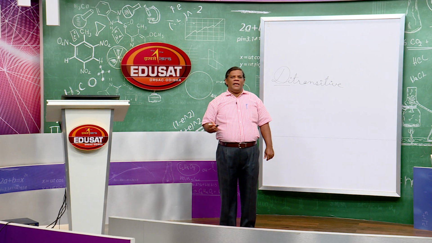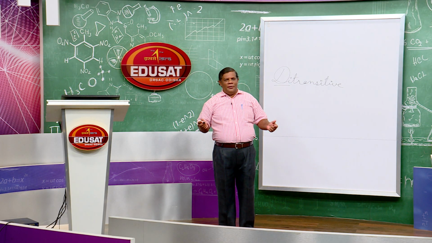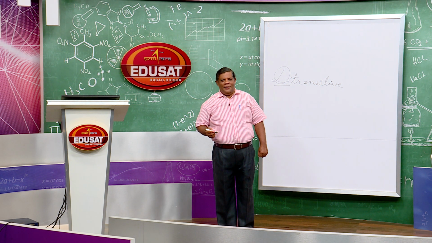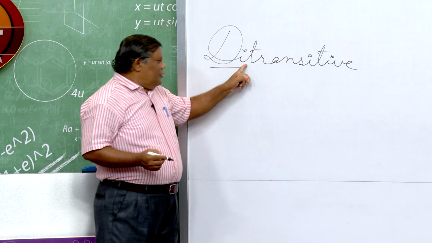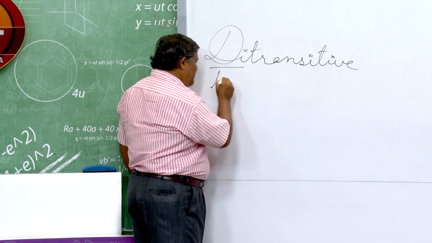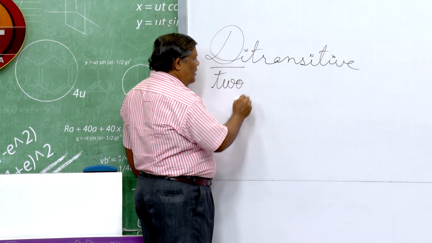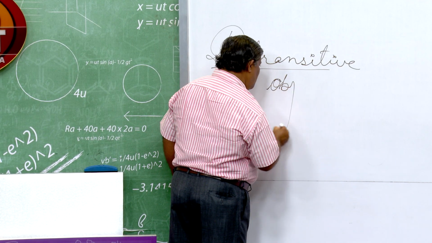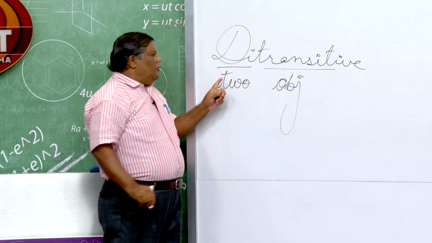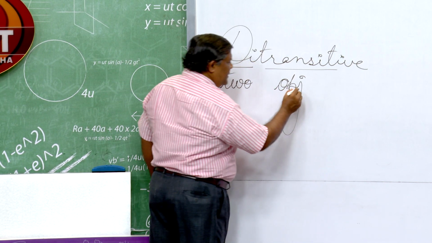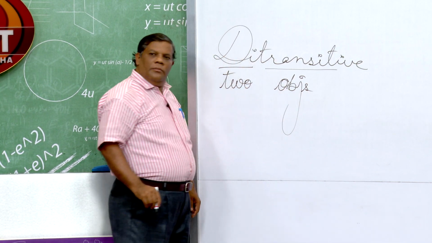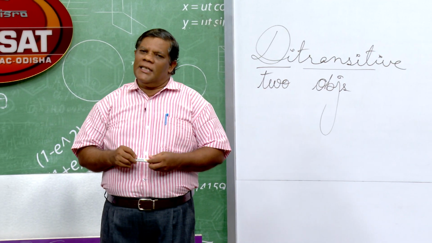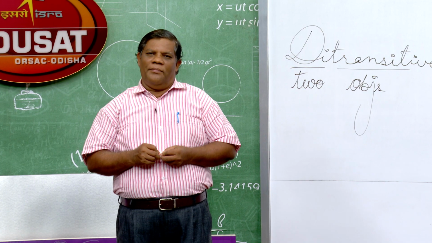When two people are required for making speech, we call it a dialogue. Di means two, transitive means object. When we have two objects in a sentence, the sentence is called a ditransitive construction.